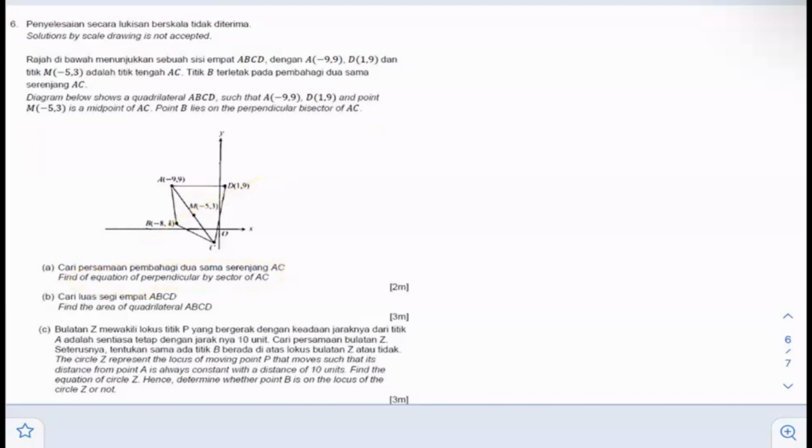So we have to know what is the gradient of AC, so we can know what is the gradient for the perpendicular line. So M_AC will be equal to y2 minus y1 divided by x2 minus x1. So let's say point 2 is A and point 1 is M. We have 9 minus 3 divided by negative 9 minus negative 5.